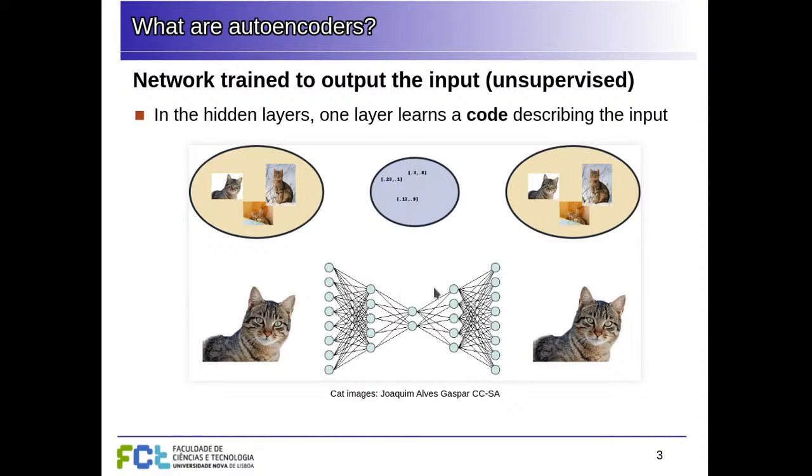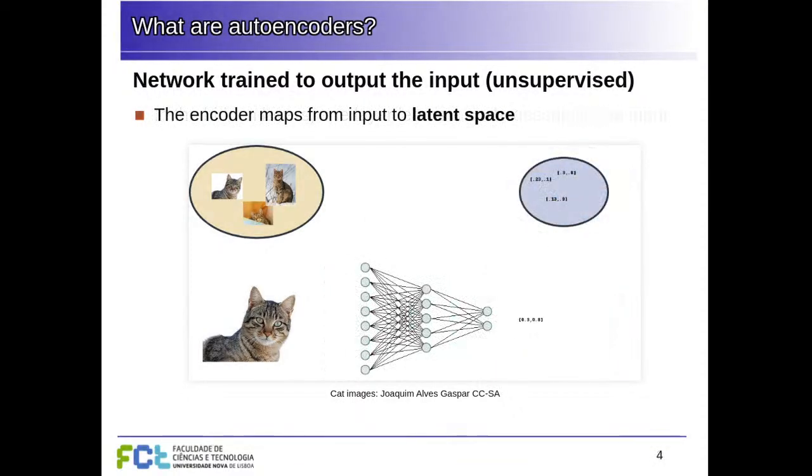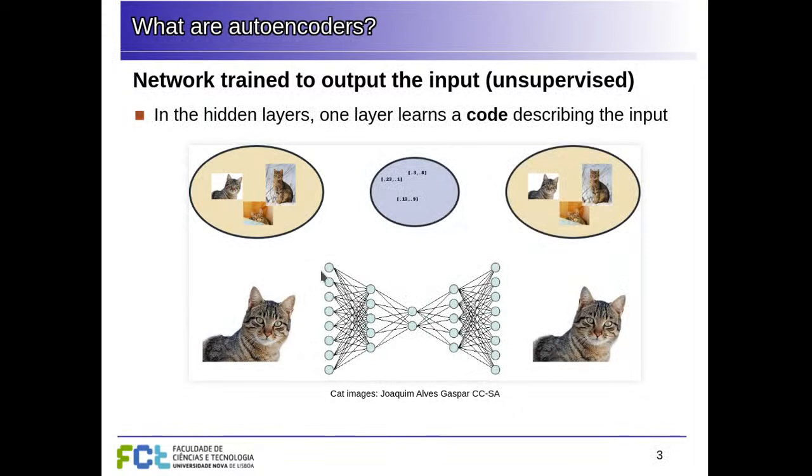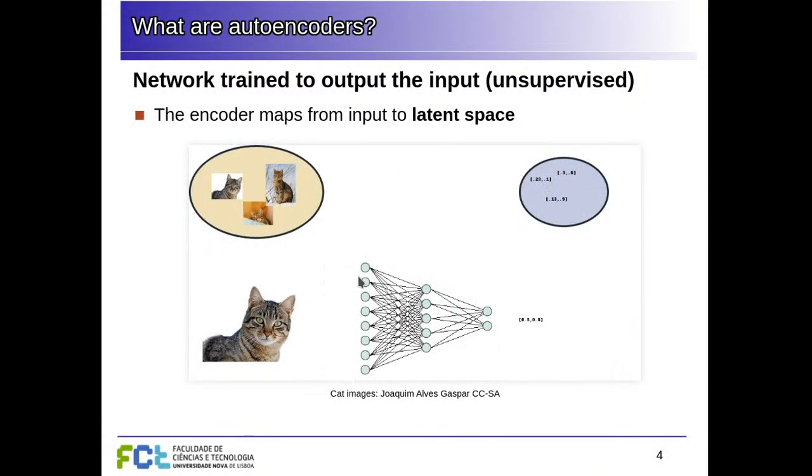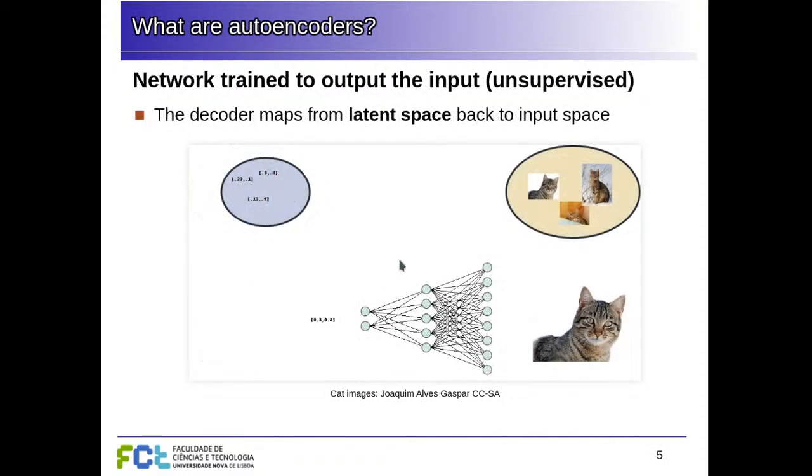In this case, the purpose will be to create this encoding. We can think of the first half of our autoencoder as the encoder part, which will convert the input into some latent representation in this hidden layer in the middle, and then the network will be able to reconstruct the original input from this representation.